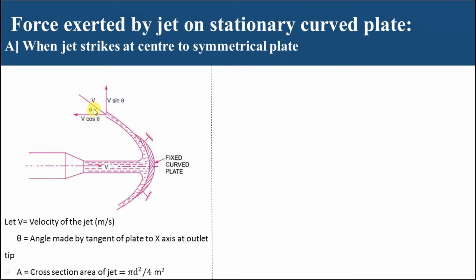So we can resolve this v into two components, that is v cos theta and v sine theta. Remember the direction. In this case the flow is taking place from left to right, so it will be taken as positive, and the component of velocity whose direction is from right to left, we are going to take as negative, so it will be minus v cos theta.